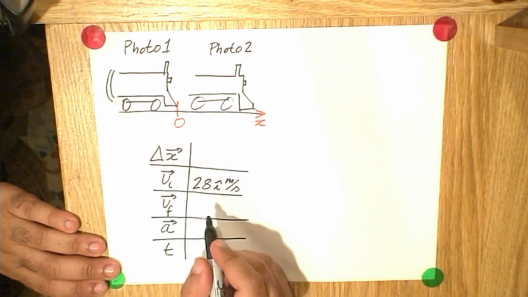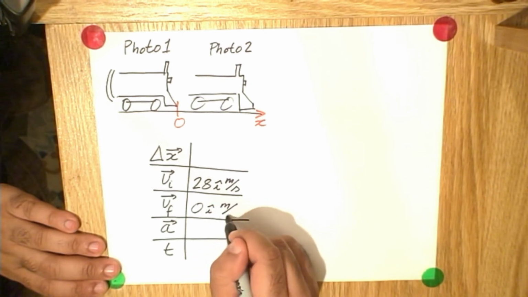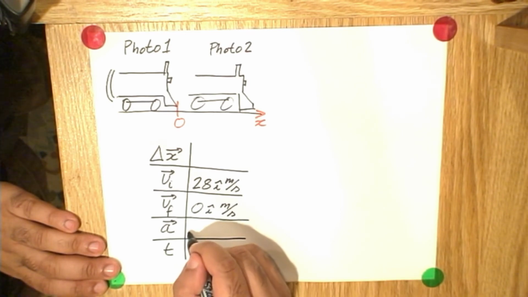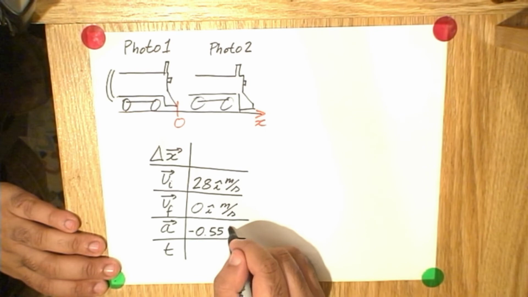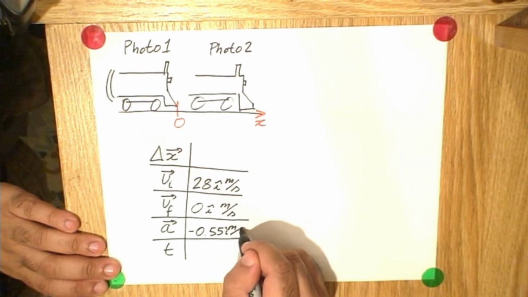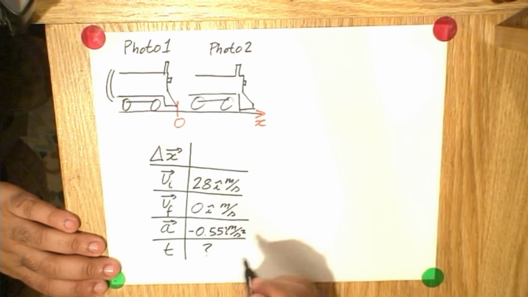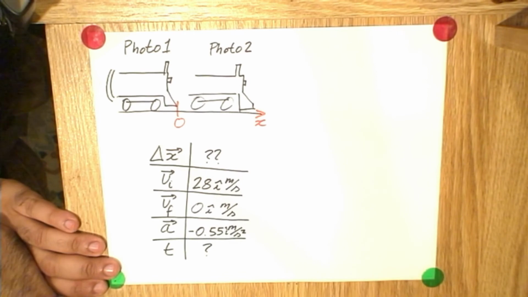It comes to a stop in photo 2, so its final velocity is 0. And its acceleration was negative 0.55. We want to solve for the time, and for part C of this question, we want to solve for the displacement. Let's solve for the time first.